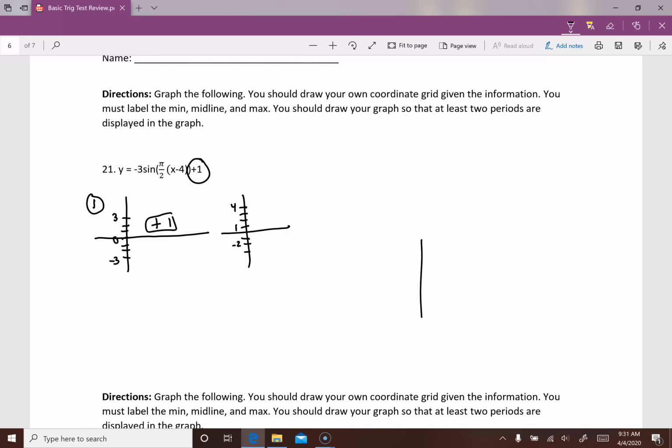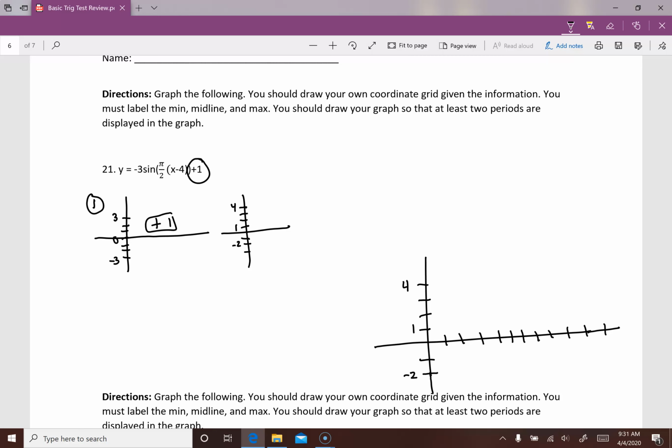I'm going to go over here and do that, although I'm not going to go so negative here. So I'm going to have my minus 1, minus 2. So there's my minus 2 that I care about. There's my 1, 2, 3, 4.